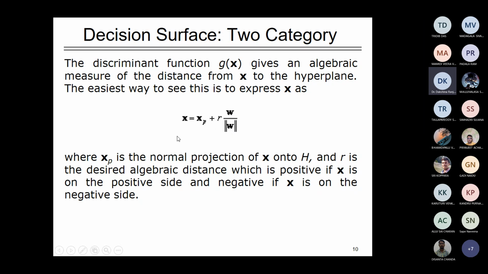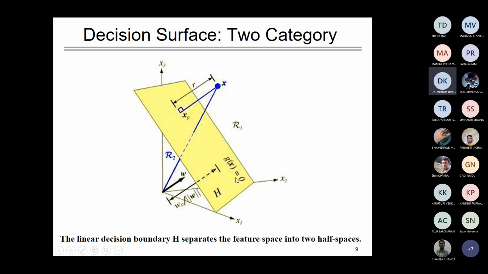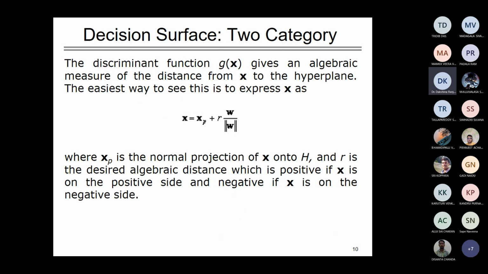Now what is r? r is the distance to the hyperplane from the feature point x, and xp is the point on the hyperplane. That means xp is the normal projection of x. If we project the feature vector x onto the decision surface or the hyperplane H, then we get that normal projection as xp.